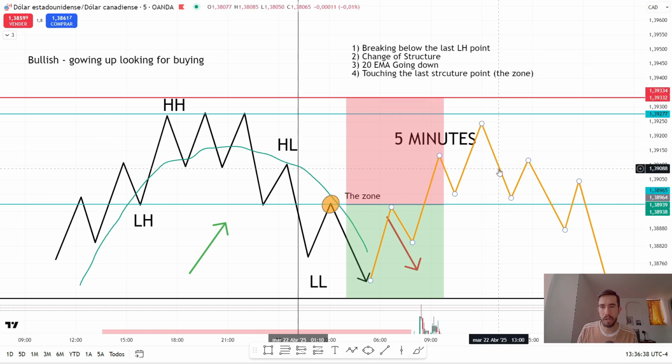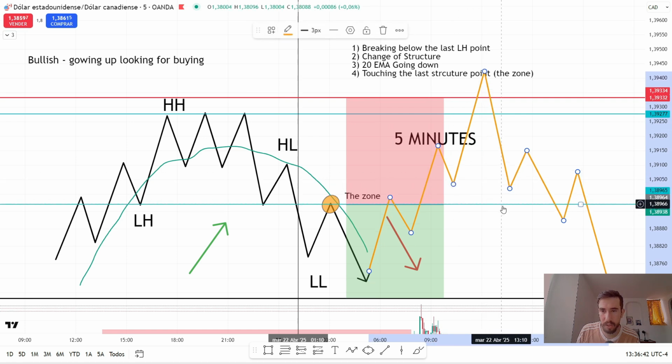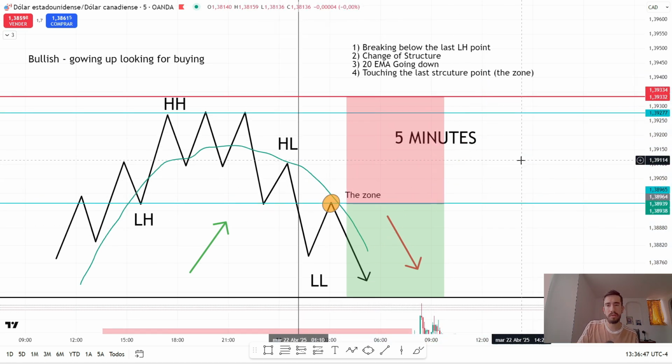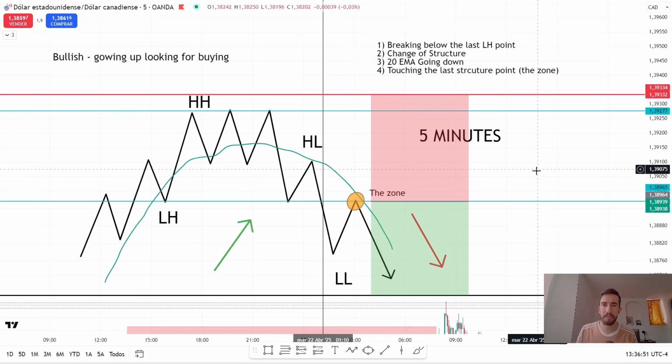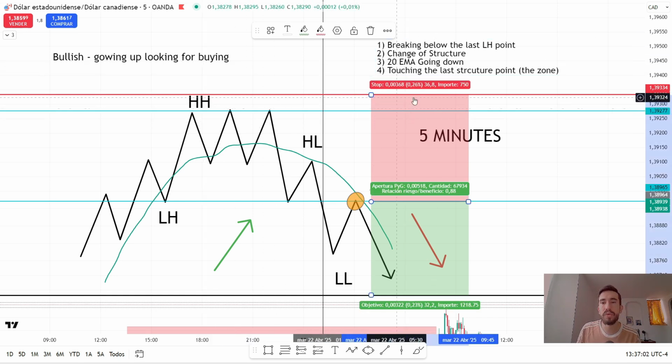Okay, so if the market reaches this point here, it's because maybe it's gonna start going up again, and that's fine. As I told you, there's no way to know that. You can only play with the rules and the confirmations that you have. Now, if this is the stop loss, where should we put our take profit? And that's where the game becomes beautiful.